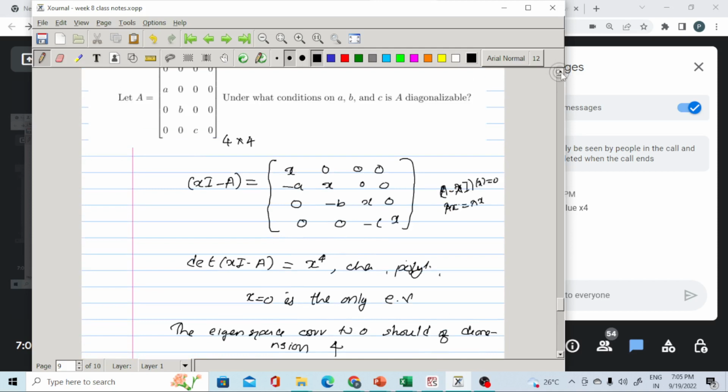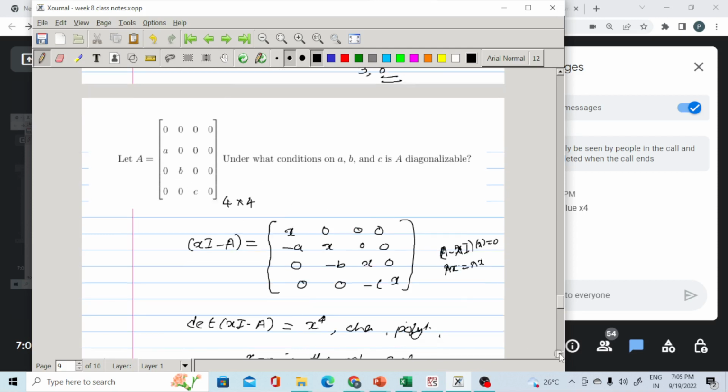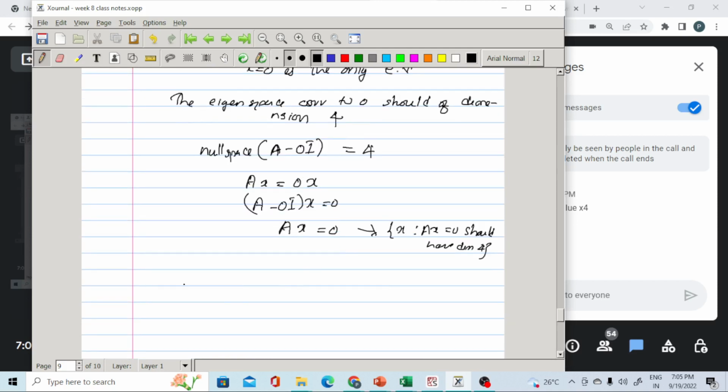Okay, ma'am, when will the null space of A be 4? What should be the values of a, b, c? 0, yes, 0. We have rank A plus nullity of A equals 4, right?